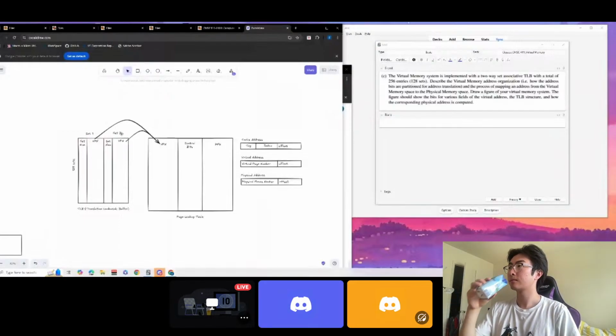Okay. So if that's the case, then we know there are 128 sets, so that means the index has to be log base 2 of 2 to the 7, right? So that would be 7 bits in the index.